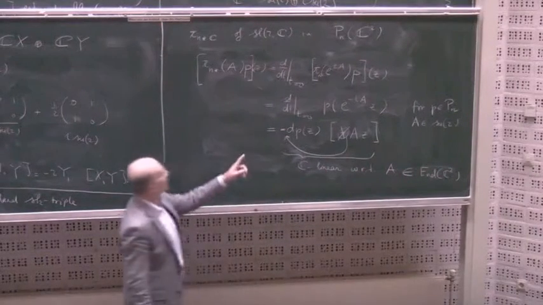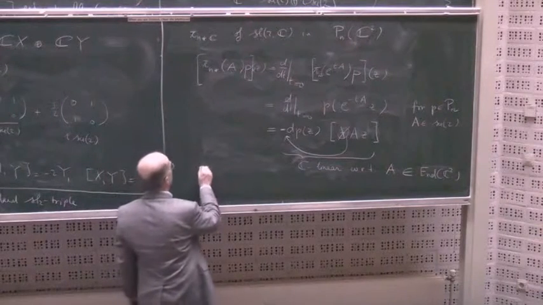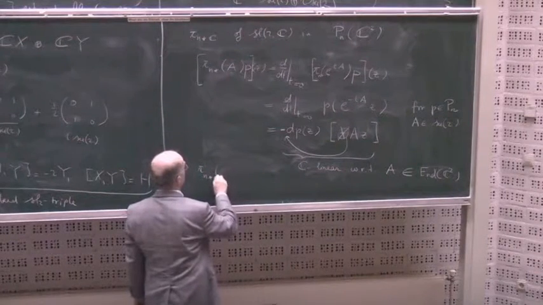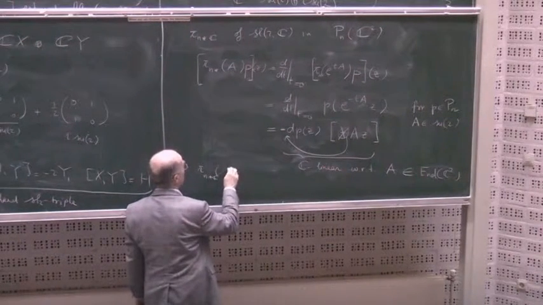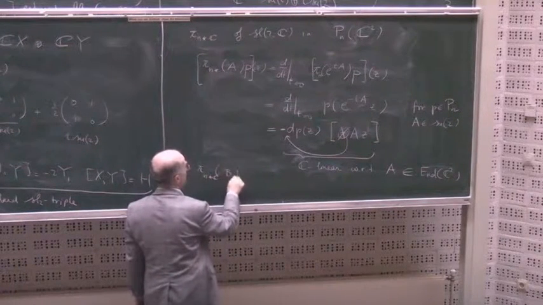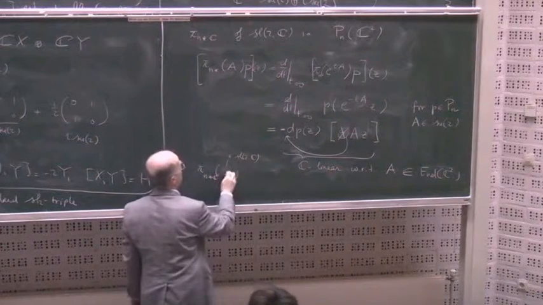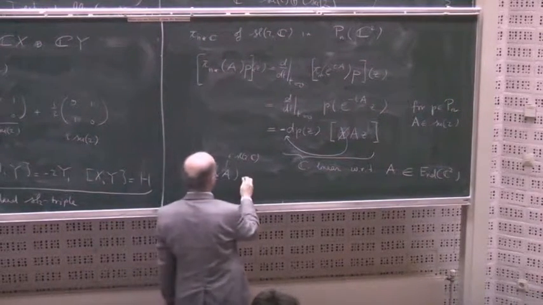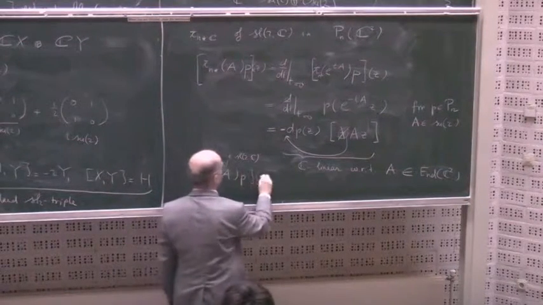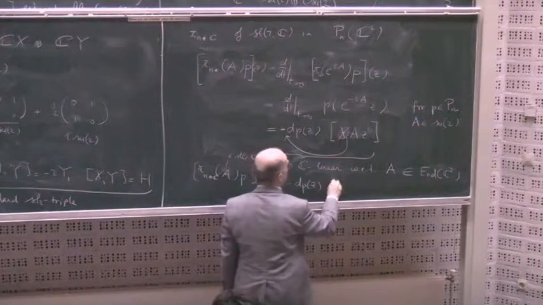And therefore this shows that pi_n star, the complexification, of a general element of SL2C, well, why not denote this by A as well, is given by the same formula: dp_z applied to Az.